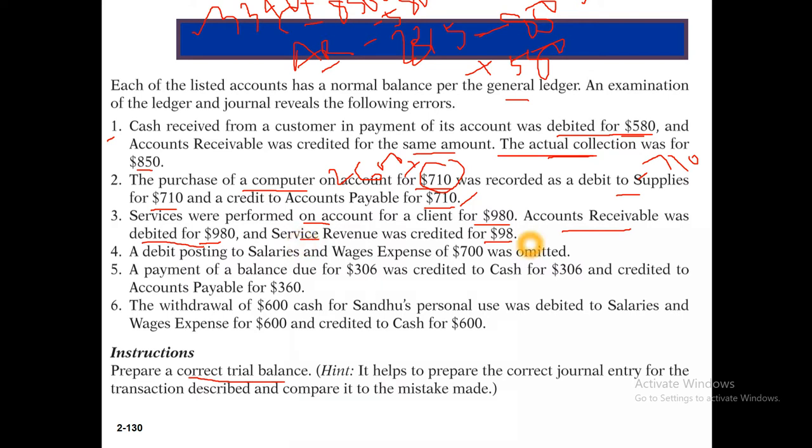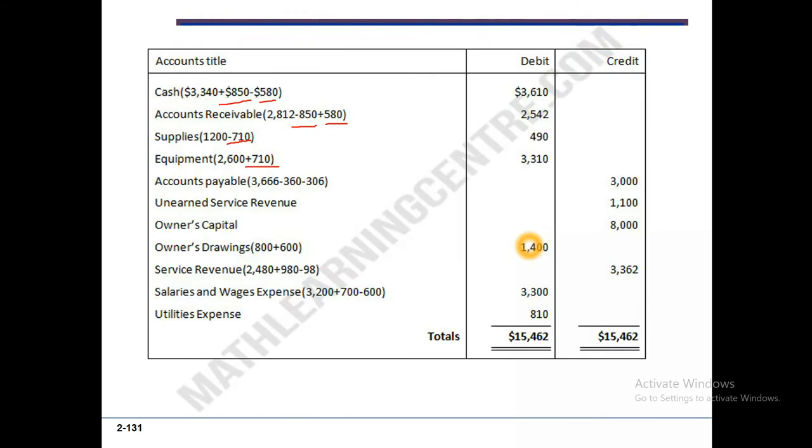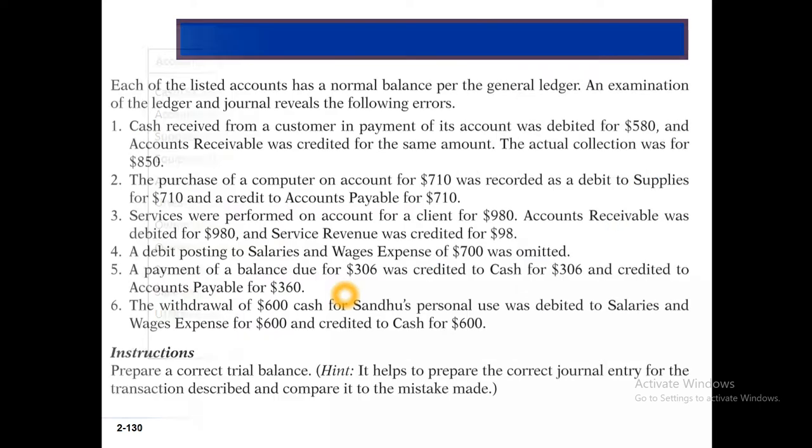In our service revenue, the actual figure to be added is 980, but wrongly we credited 98. So now we should add 980 to our service revenue, and subtract the wrongly posted 98. I think everybody is clear.